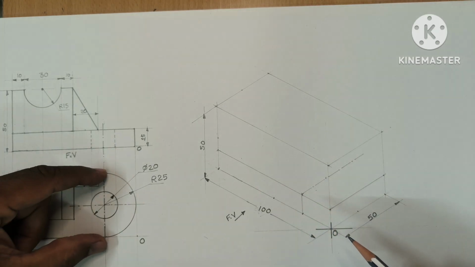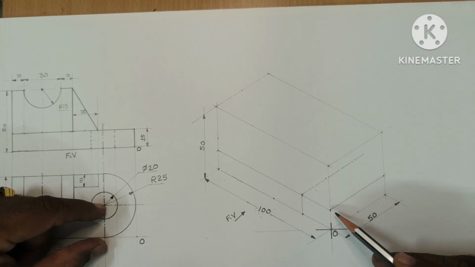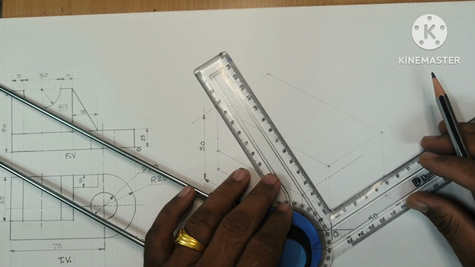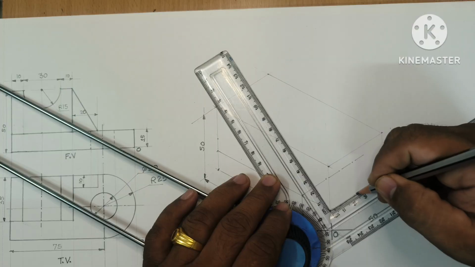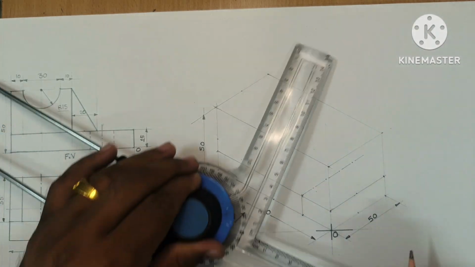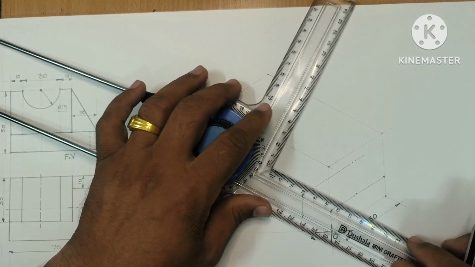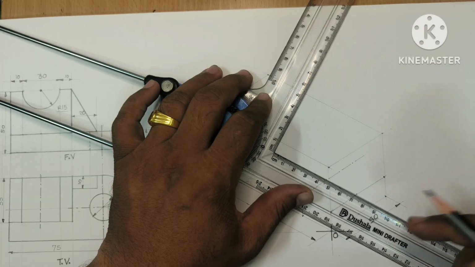Now this distance is 50. The center is at 25. First of all, I will mark the center at a 25 millimeter distance. Okay, and then I will draw the center line.